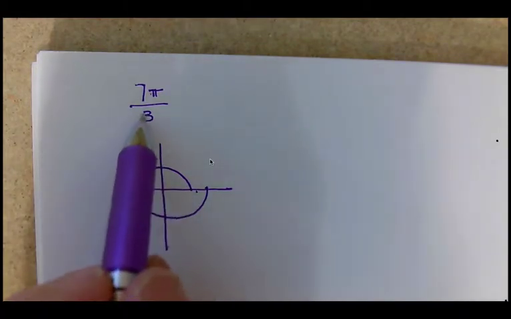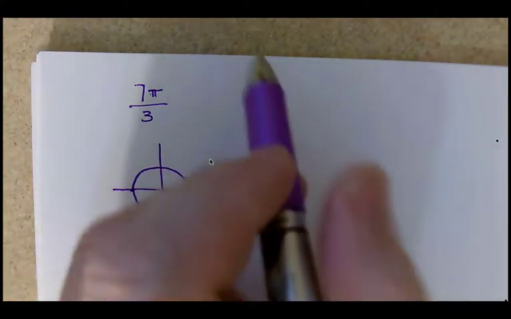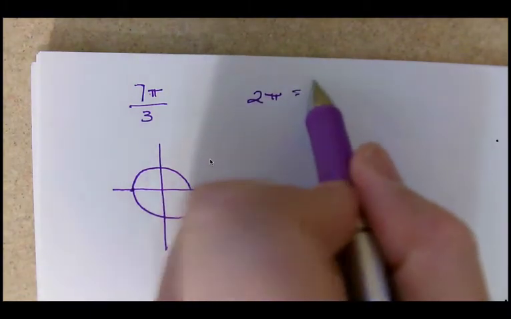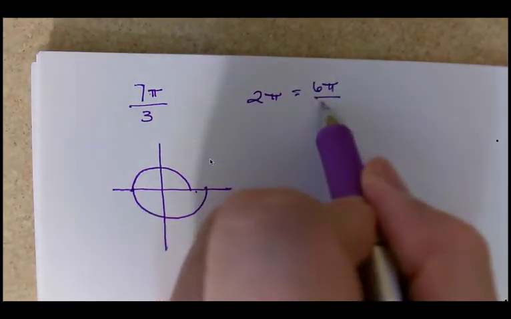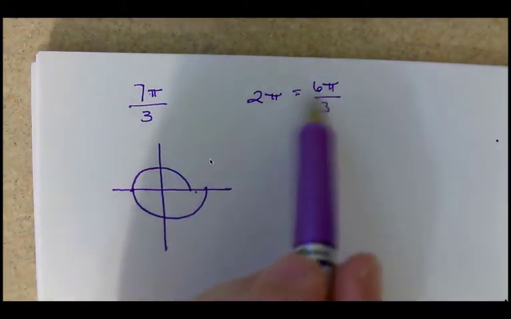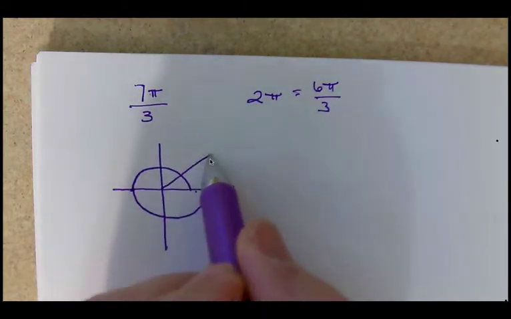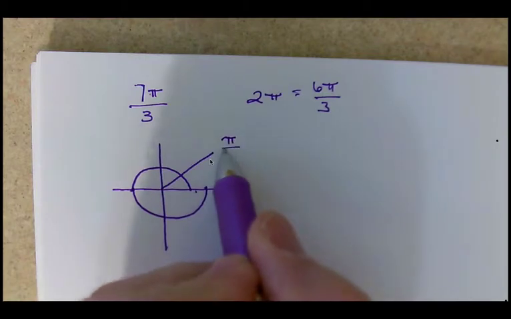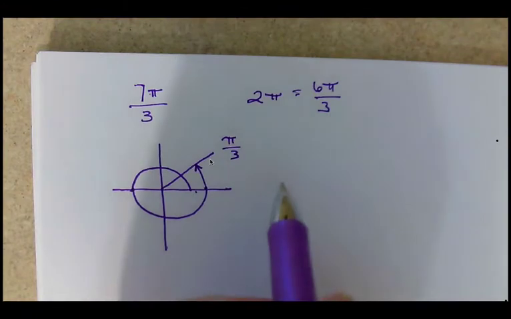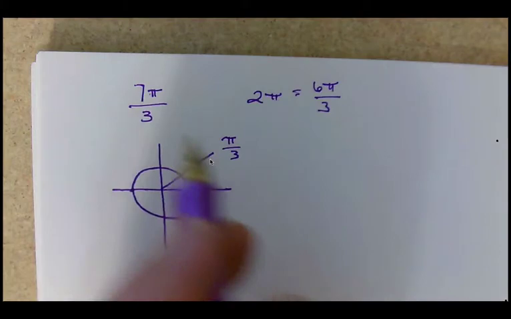Well, we know that the full rotation is 2 pi. Therefore, for me to make one full revolution, this would have to equal 6 pi over 3. What am I left with? I'm left with pi over 3. Now, I could take this value, 7 pi over 3, and write it in two different ways.